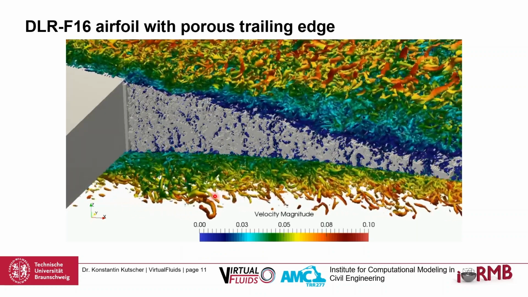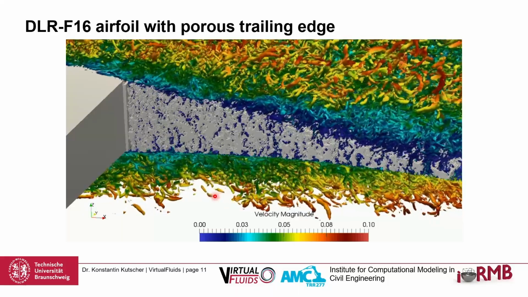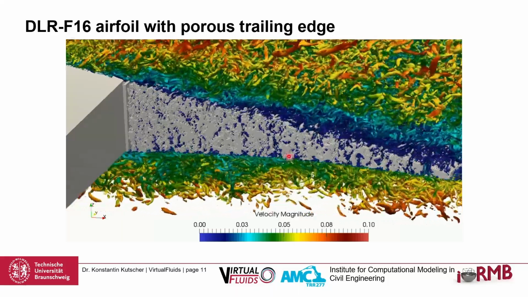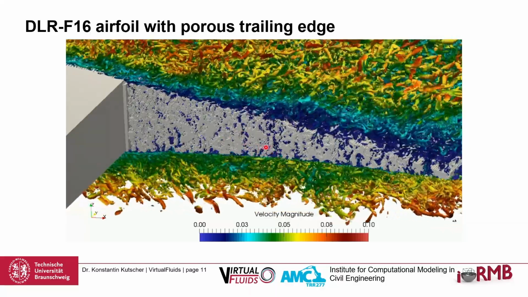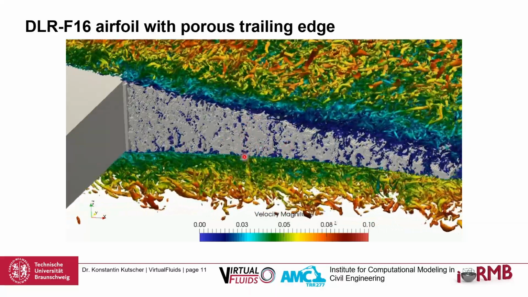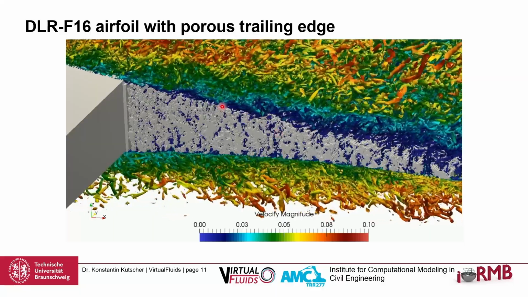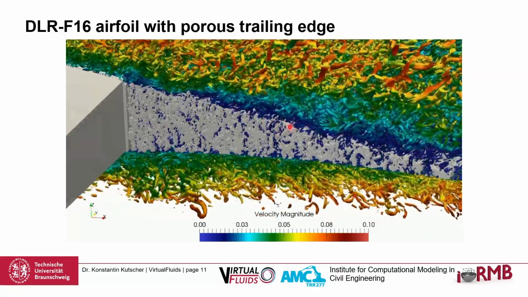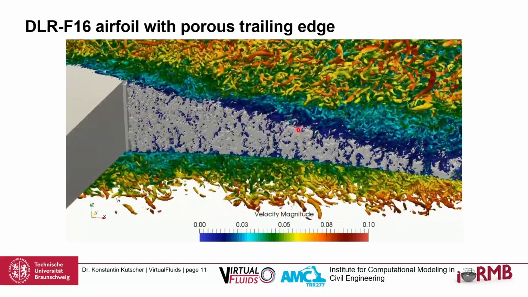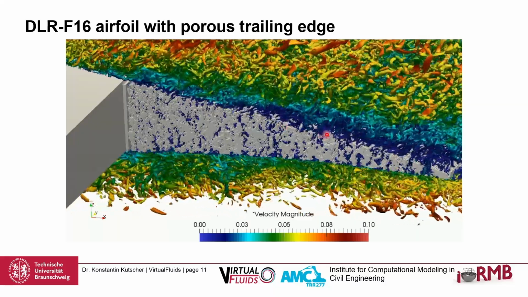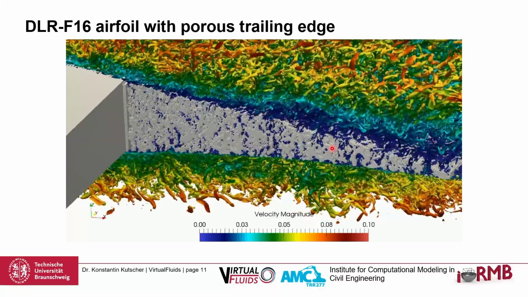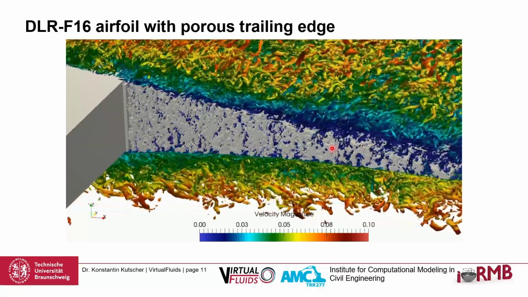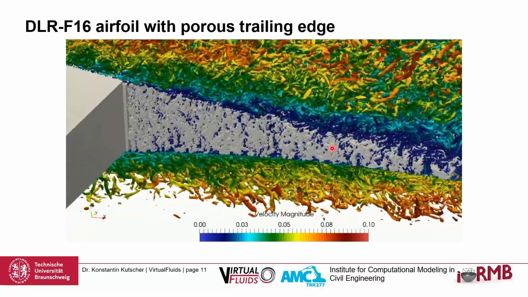And here is a video of the flow above and inside the trailing edge. You can see what happens here with this boundary layer, with lower velocity, and how it flows inside this porous media.